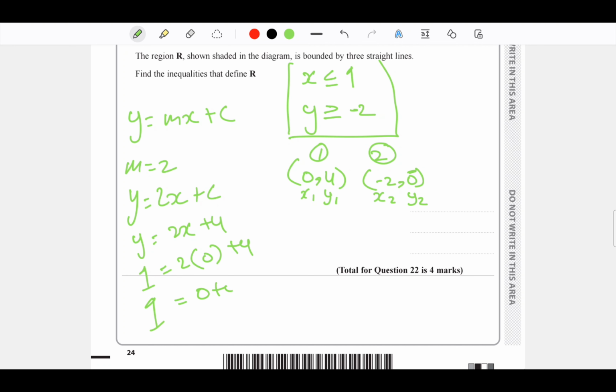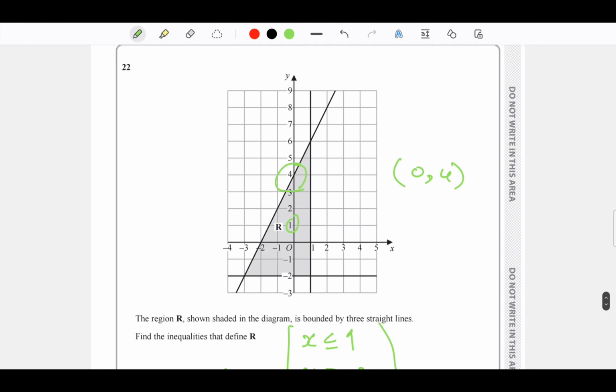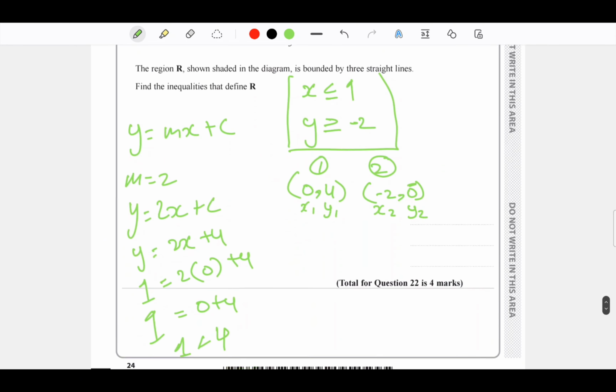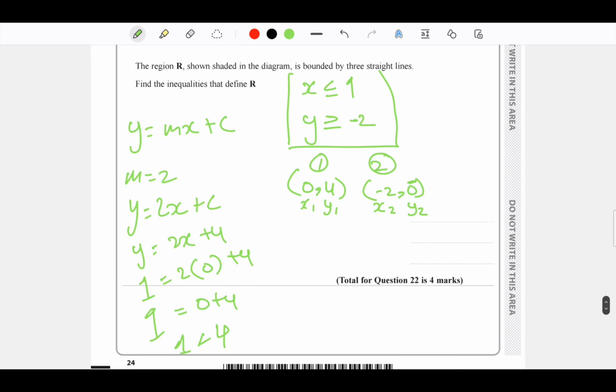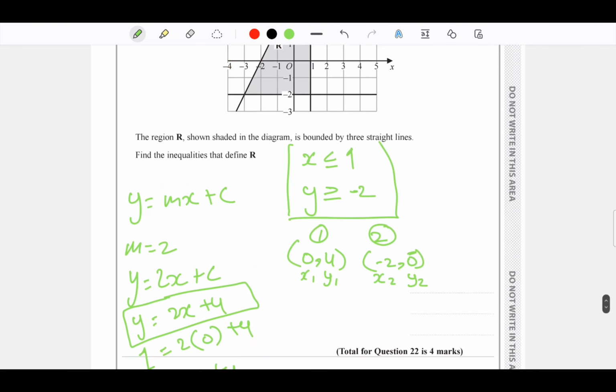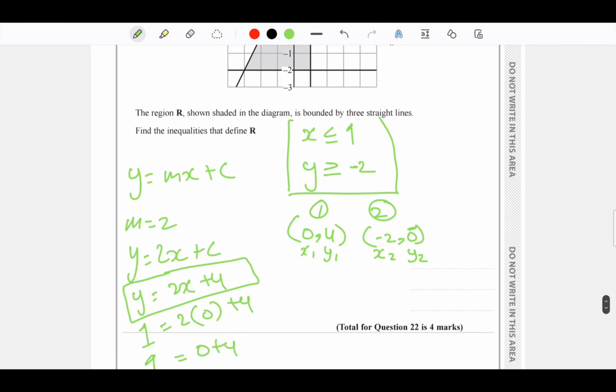So 1 equals 0 plus 4. We know that 1 is lesser than 4. Because it's a straight line and not a dotted line, it's lesser than or equal to. So this is our inequality symbol, and this is our equation. So the 3 inequalities are, let me just clear this up.